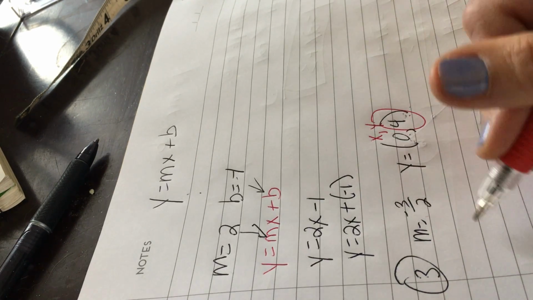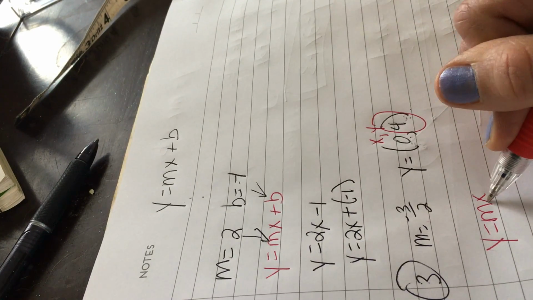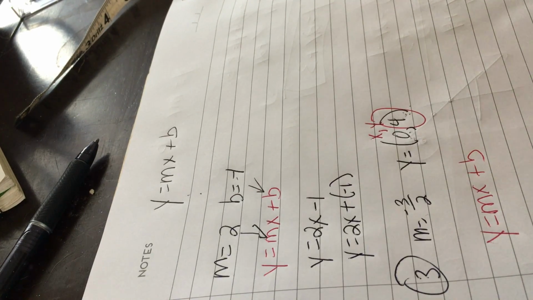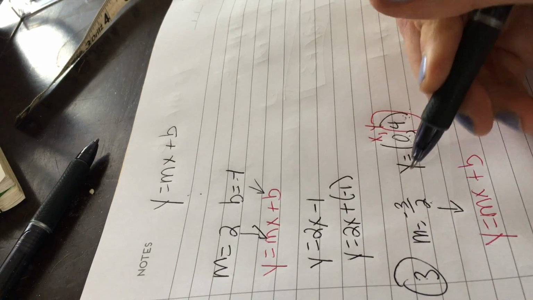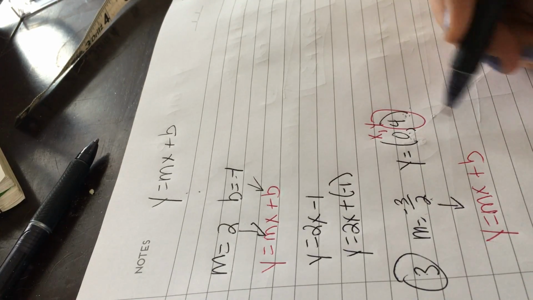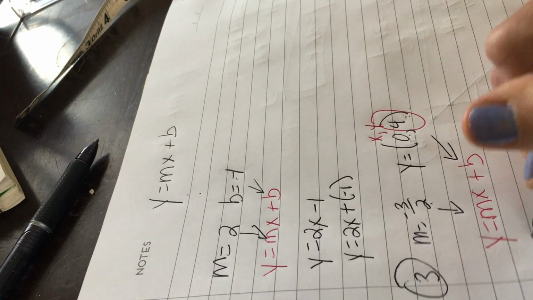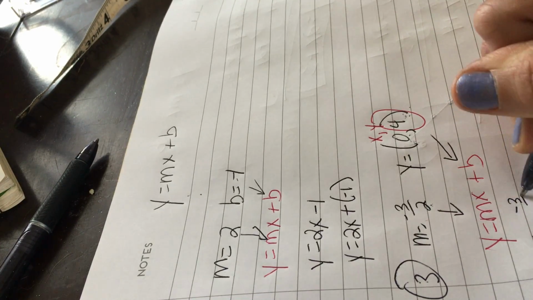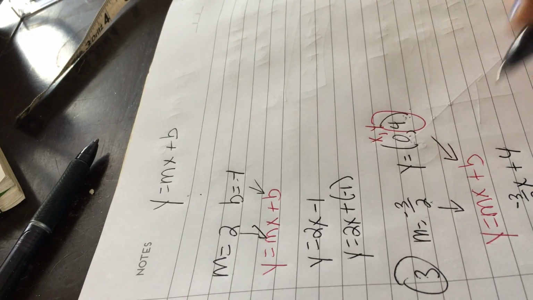So then I go ahead, write slope-intercept form, y equals mx plus b, and I plug the stuff in. My slope is -3/2. My y-intercept is 4. So it would look like this. Y equals -3/2x plus 4.